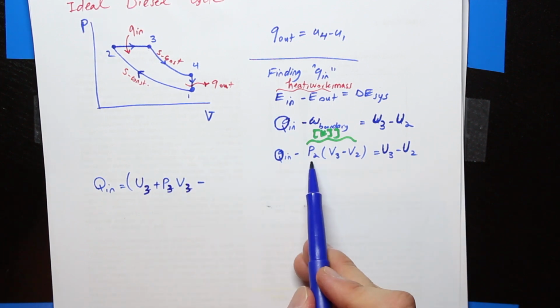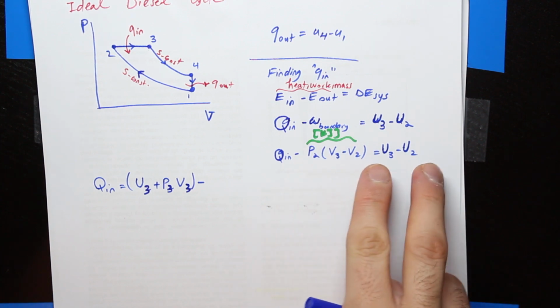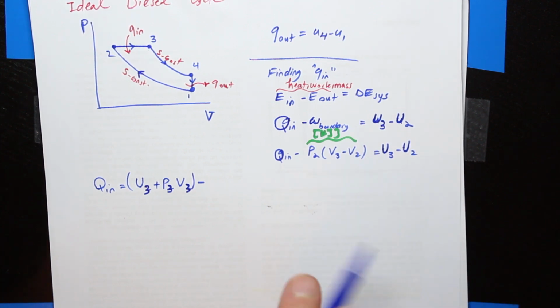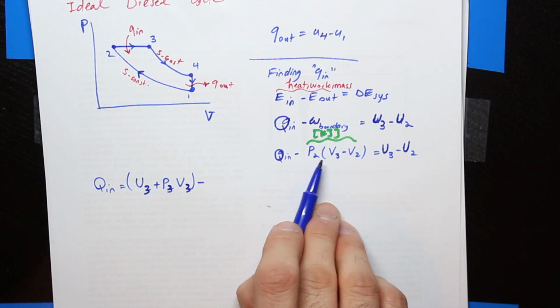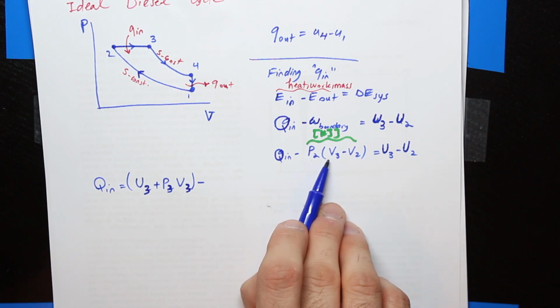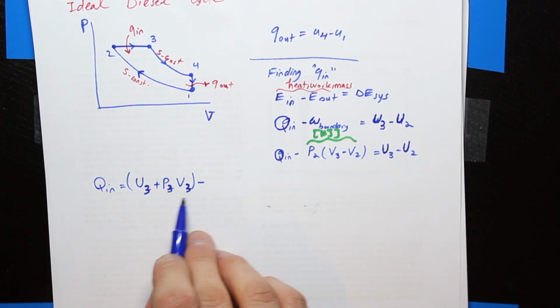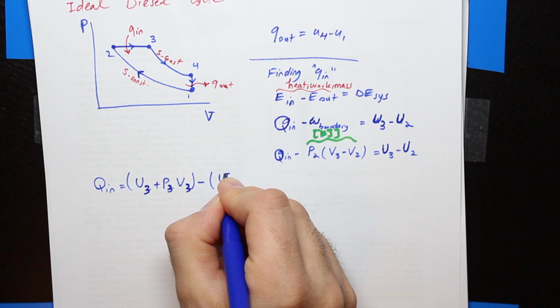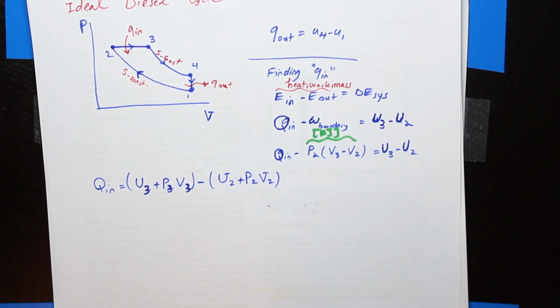The reason is I'm transferring this to the right hand side, so I'm combining the U3 term with P3V3, because P2 is equal to P3 and that is exactly what I have here. So this minus U2 plus P2V2.